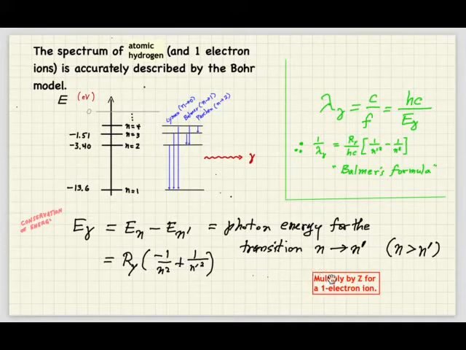And again, as I say, if instead of hydrogen you had a one electron ion, you would multiply by Z. No, Z squared. You multiply by Z squared because the energy levels are minus 13.6 over n squared times Z squared.